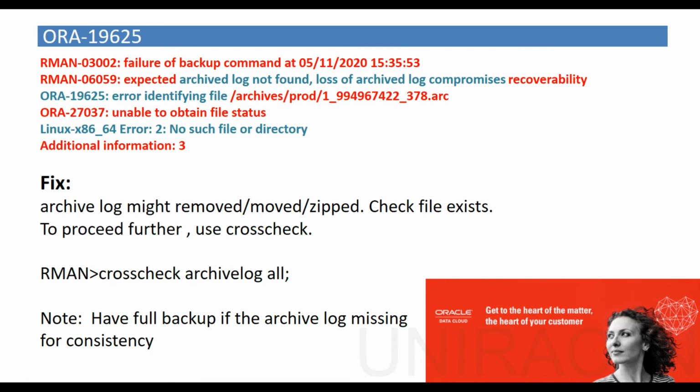So finding an error file 378.arc, unable to obtain file status, and the Linux error says no such file or directory. How can we fix this? Can we ignore it? Can we have a temporary solution only? Or what could be the permanent solution to fix this?